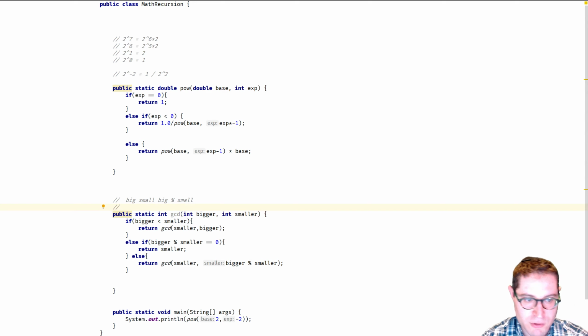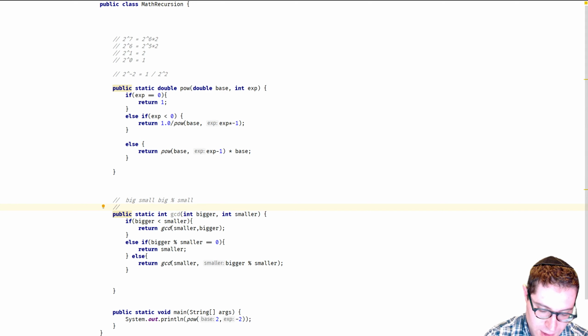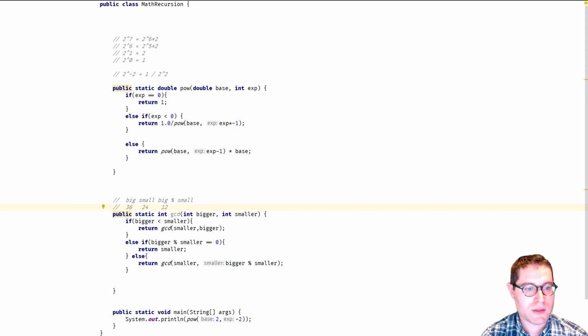All right, so over here, let's give our example of, say, 36 again, 24. So what is big mod small? That gives us 12. 36 divided by 24 gives you a remainder of 12.